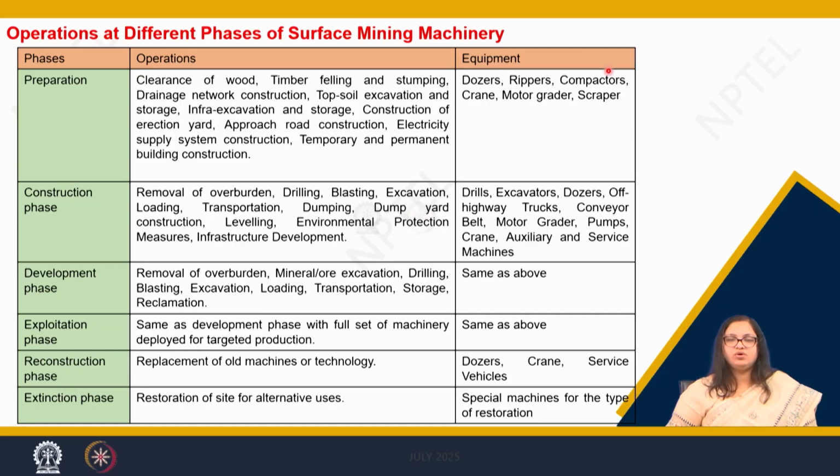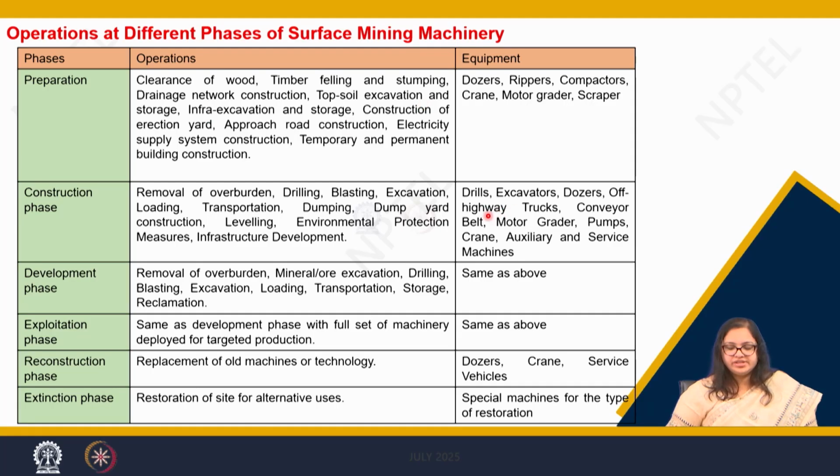It is not that all the equipment is used simultaneously for all the phases, but there are different groups of equipment. In the preparation phase, we need dozers, rippers, compactors, cranes, motor graders and scrapers. They are basically used for clearance of wood, timber felling and stumping, drainage network construction, topsoil excavation and storage.